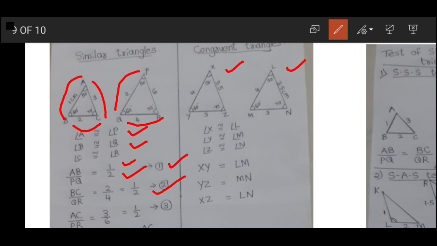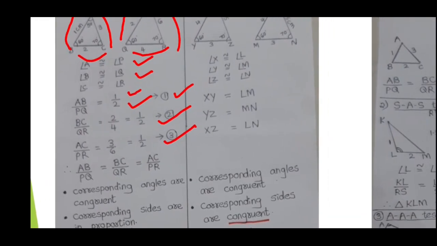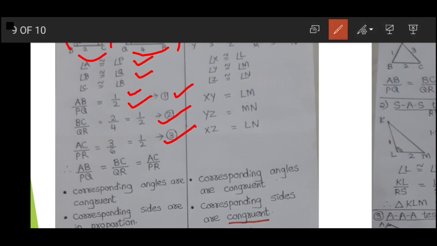Then AC upon PR, again the ratio is a half. That means all three ratios are equal, so the ratio of the corresponding sides are equal. So the conditions here are: corresponding angles are congruent and corresponding sides are in proportion.